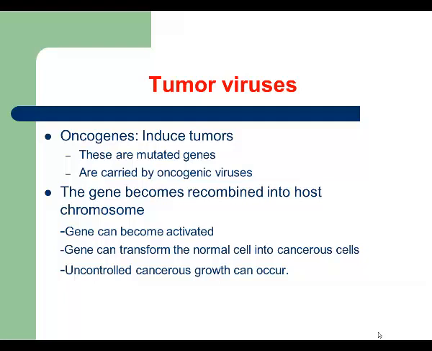Because remember how viruses replicate. They have to insert their nucleic acid into our chromosome. When they insert their nucleic acid in our chromosome, they of course can cause changes or mutations in our genes.